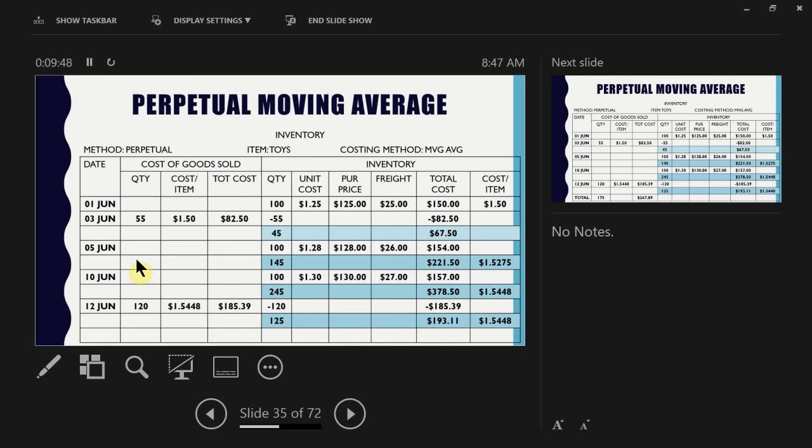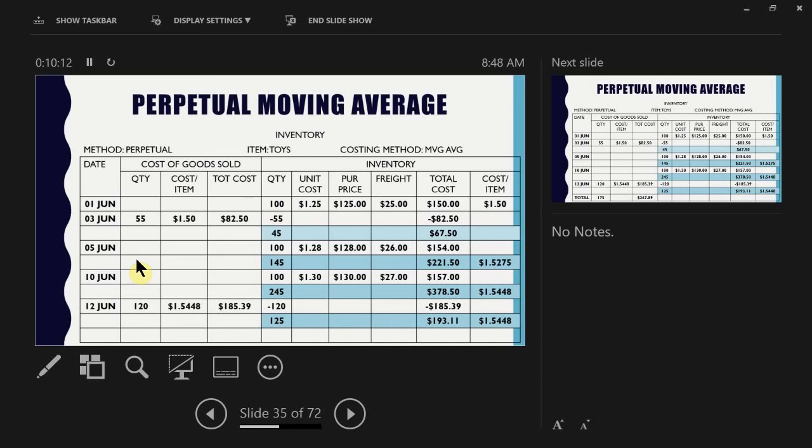All right? Now, every time we sell something, every time we purchase something, we need to recalculate a new average cost per item, okay? Because there'll be a point where you're selling so many items that it's going to affect your total cost per item.